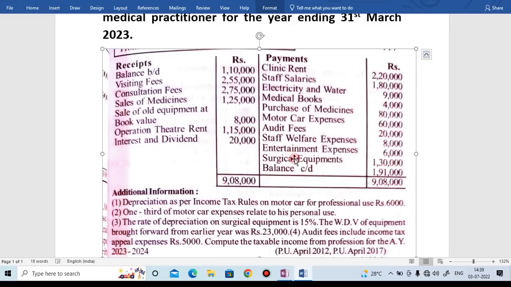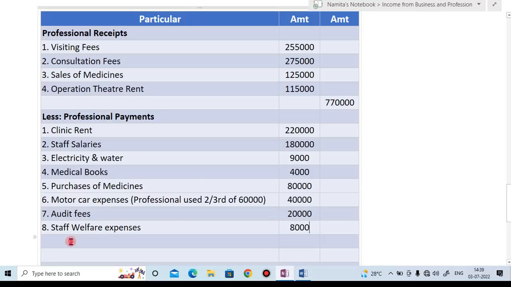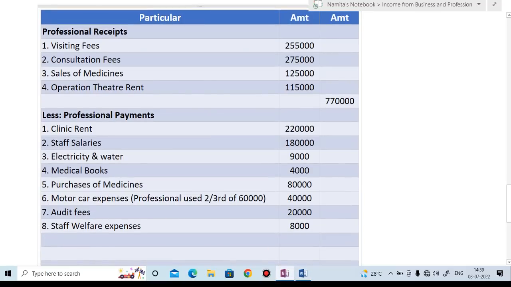So it will be considered as entertainment expenses 6,000. So it is related to professional payment of the medical field.